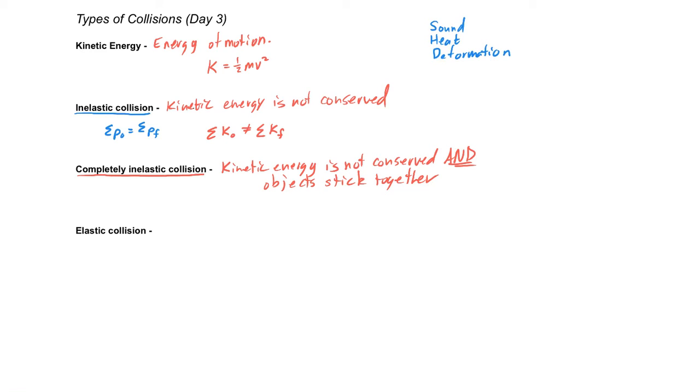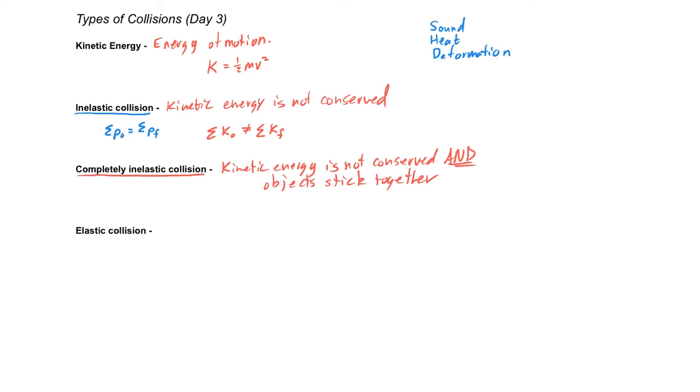Now, they don't have to be completely stuck together, just need to move along together. The example about the dirt being poured into the train, that was a completely inelastic collision because after the dirt collides with the train, they move along at the same speed. So if the two objects stick together, then kinetic energy will not be conserved. Anytime it's completely inelastic, the kinetic energy will not be conserved. The initial kinetic will not equal the final kinetic.